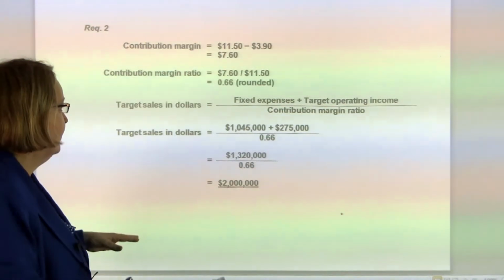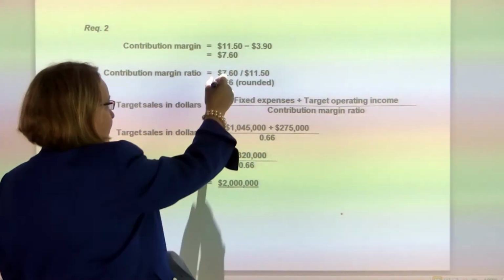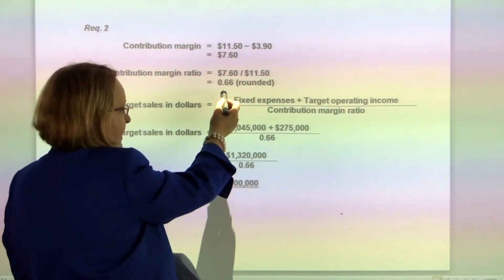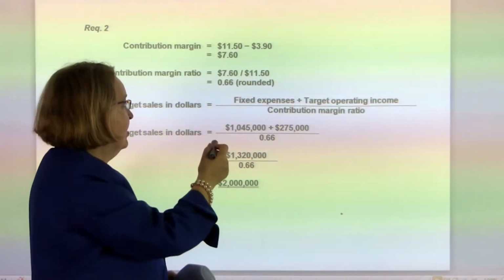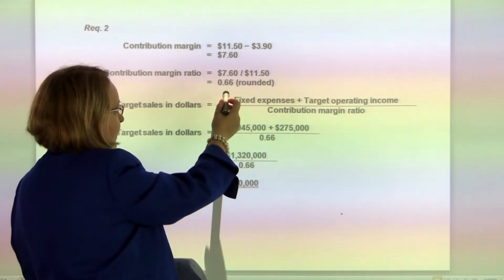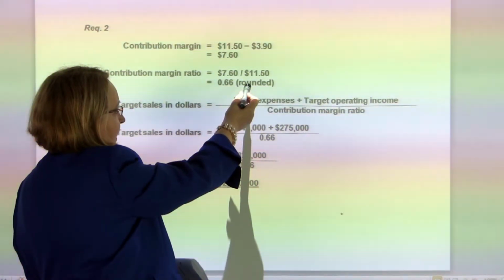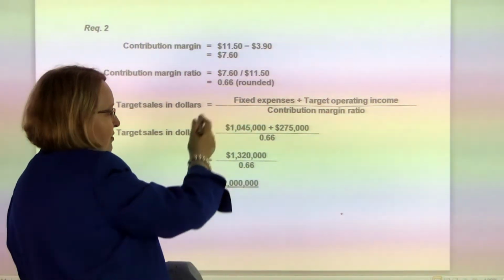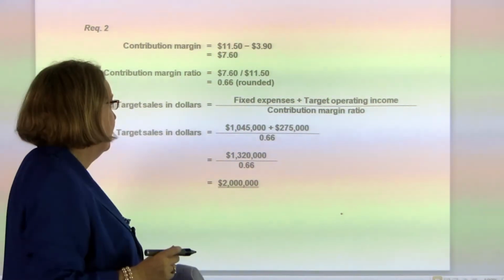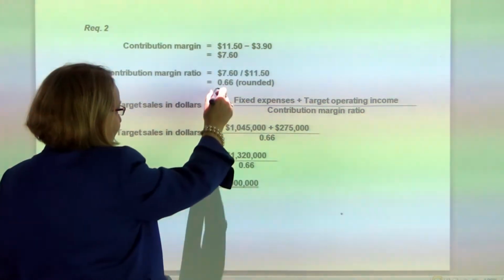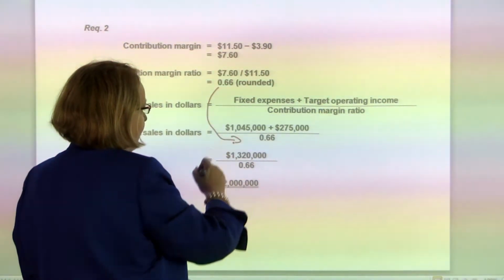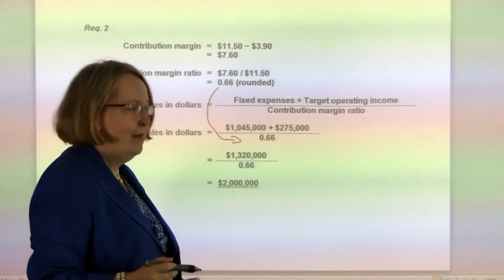We had it in dollars, $7.60, and we want to express that as a percentage. So you divide by your selling price, 7.60 divided by 11.50, which rounds to about 0.66.